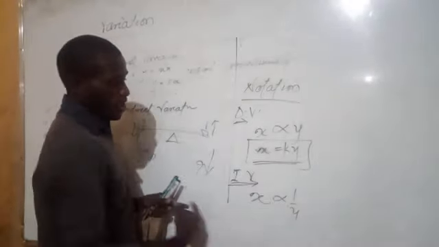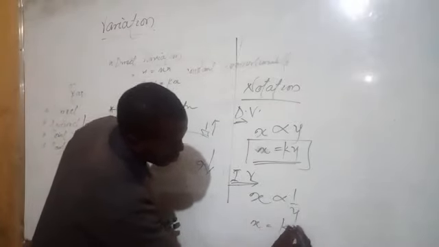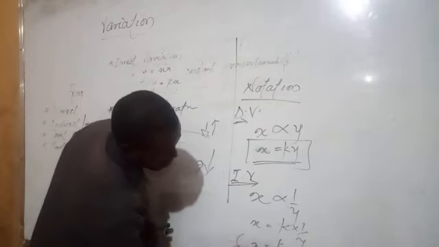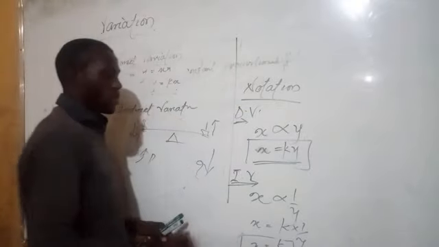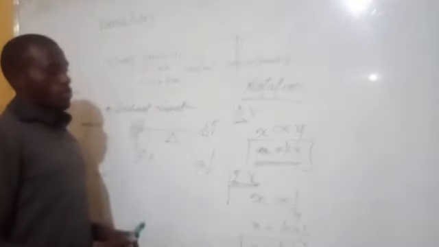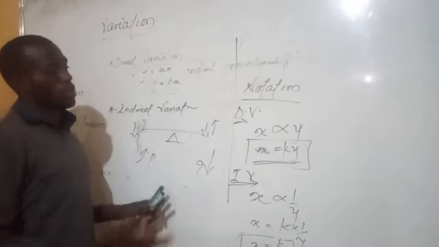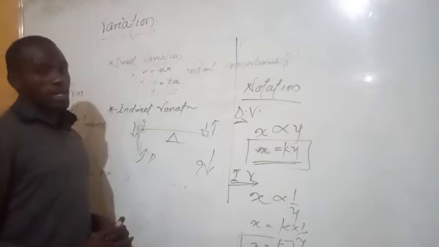Mathematically, x equal to k multiplied by 1 over y, which is x equal to k over y. This is the relationship between x and y. Then you can begin to input the values given to you and get your answer.